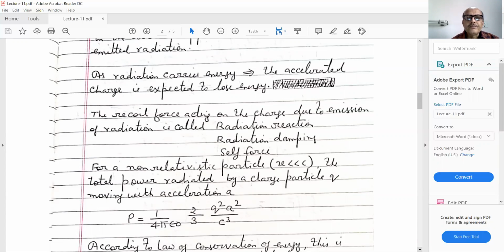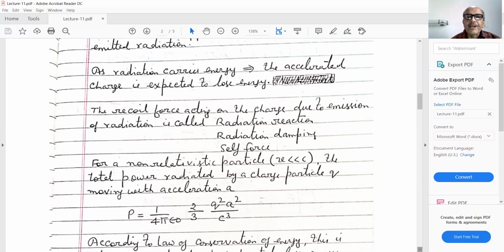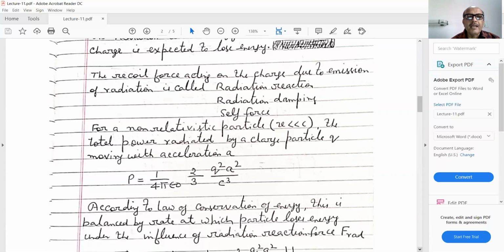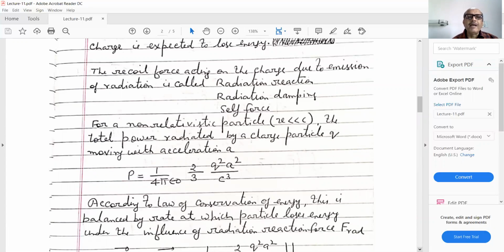If we exploit the law of conservation of energy, this power radiated by the charged particle must be balanced by the rate at which the particle loses energy under the influence of the radiation reaction force F radiation.